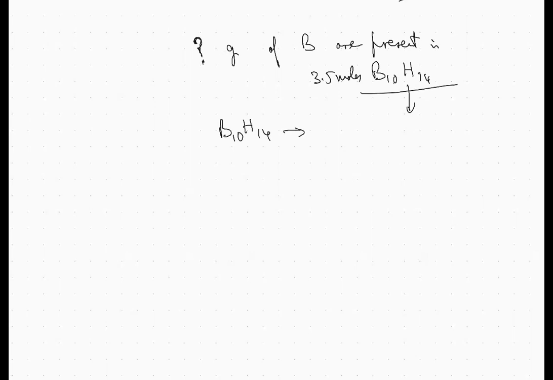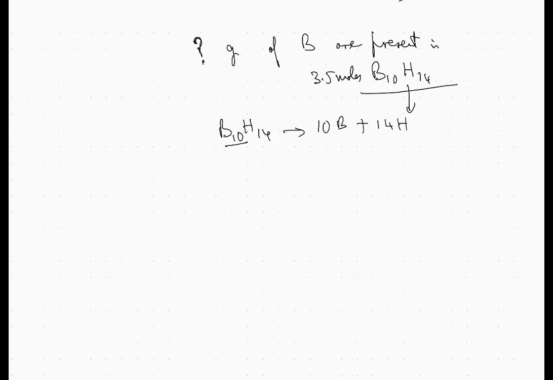So there are 10 boron atoms, right? 10 boron atoms and 14 hydrogen. So there are 2 ways of doing it. I'll talk about both ways. So there are 10 moles and 14 moles.